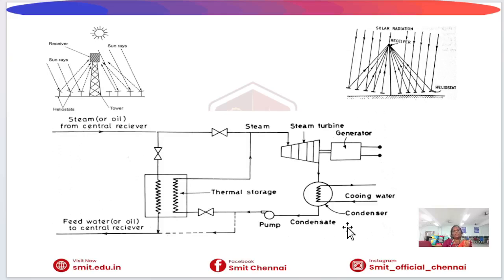In this system, we also have thermal storage, which stores heat energy so that electricity can still be generated even when sunlight is temporarily unavailable. So overall, the solar power tower system concentrates sunlight, produces steam, drives a turbine, and generates electricity.